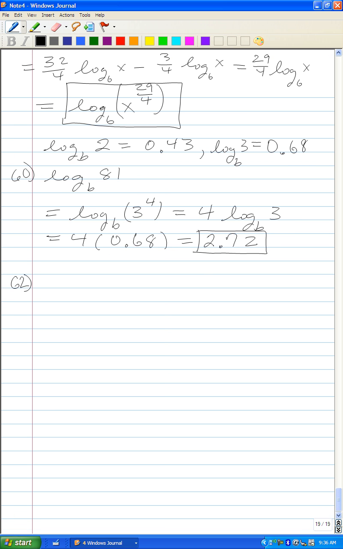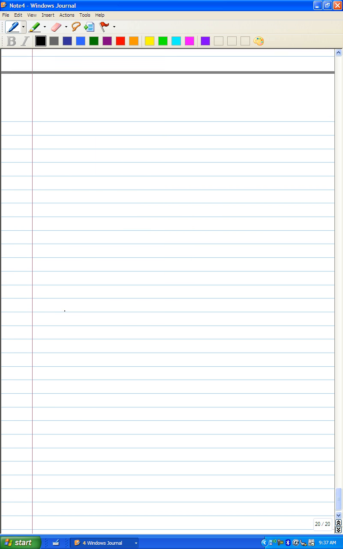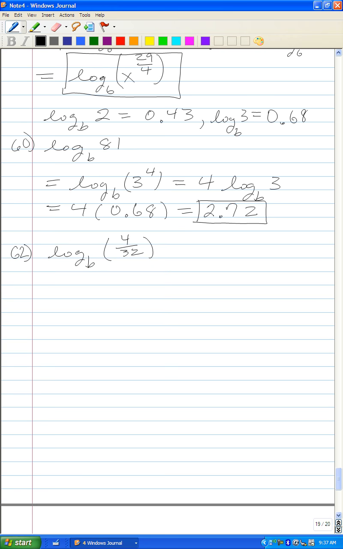And so I have here log base b of 4 over 32. I can rewrite this as log base b of 32 divided by 4, which is 8, so this is 1 over 8.